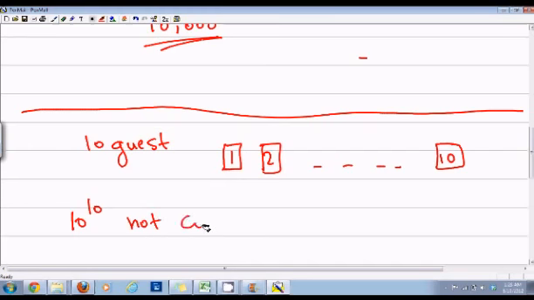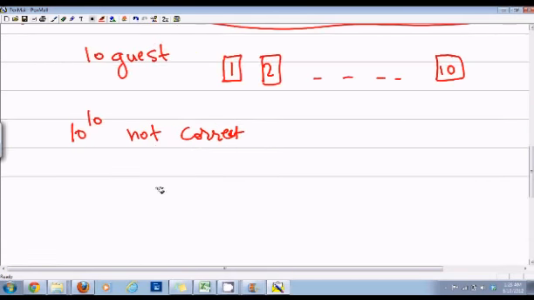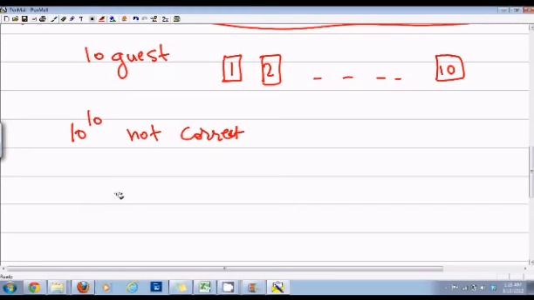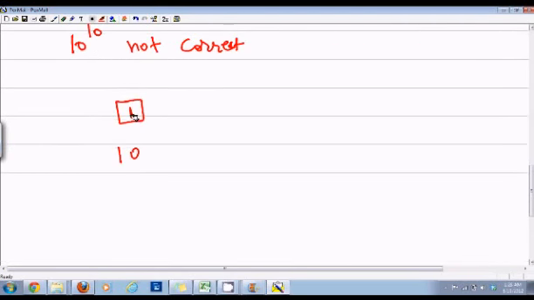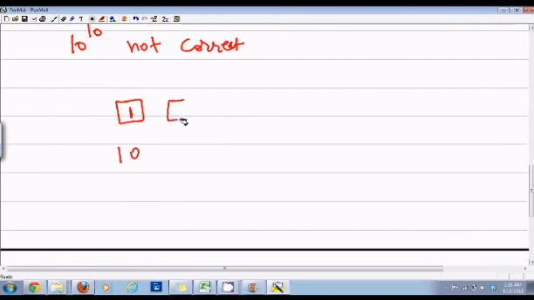So why? That is because if a guest sits on the first chair, so chair number 1, we have 10 options because any of the guests can sit on the first chair. But if you look at the second chair, we only have 9 guests left because one of the guests is already sitting on the first chair, and therefore the options for the second chair will be 9.